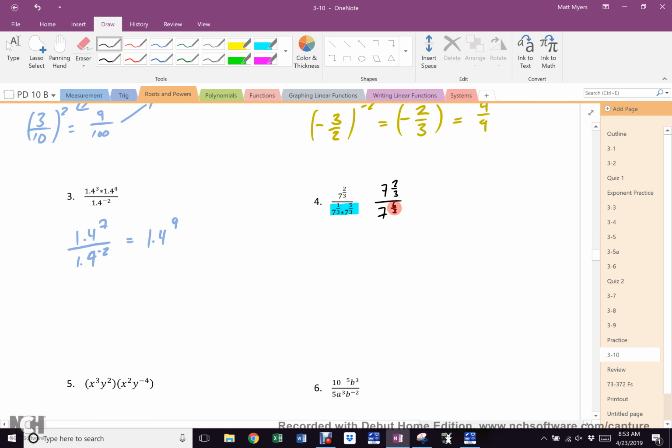Now, normally I would simplify 6/3, wouldn't I? But that would be silly because I have more math to do. Do they still have the same base? So what should I do? Subtract. So I have 7 to the 2/3 minus 6/3, which is 7 to what power? Negative 4/3. Yes? Now, a negative exponent does what to its base?